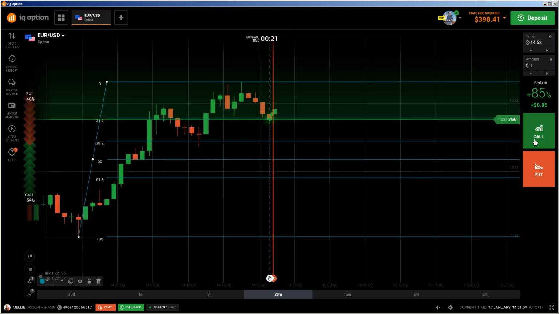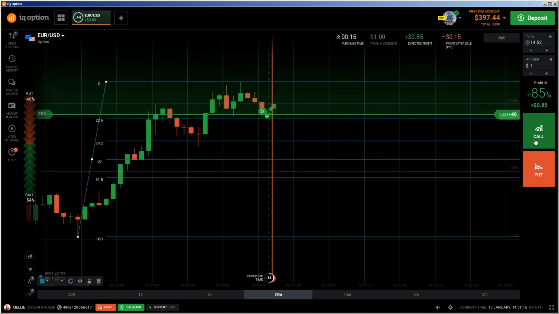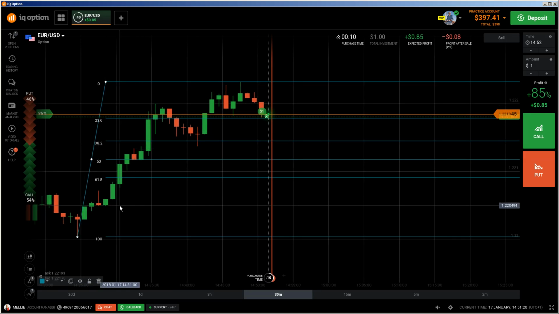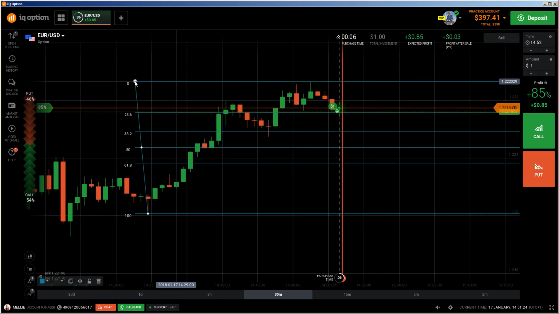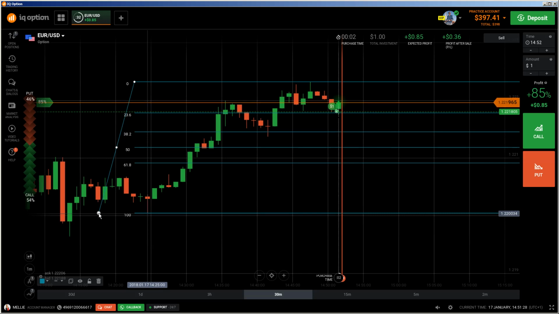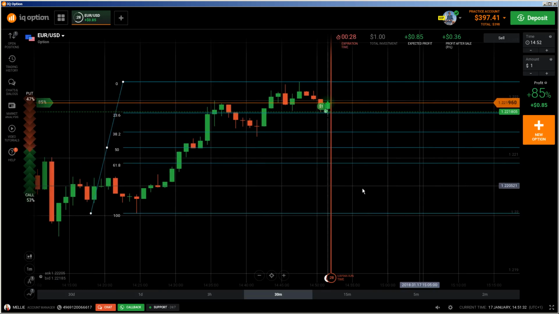If I get a rejection here, I'm going to do a call. Okay, I do a call. I got the rejection because of the 23.6 Fibonacci retracement. So let me go a little bit back here, so I can draw this line exactly because it's important.